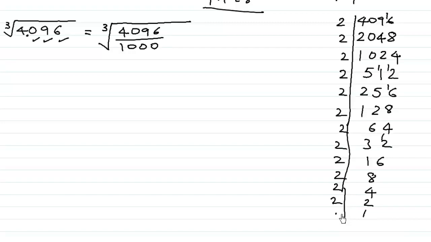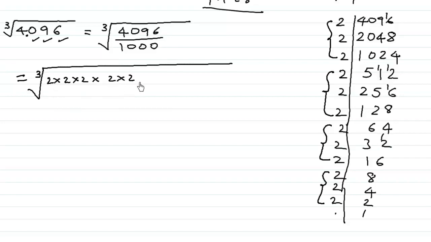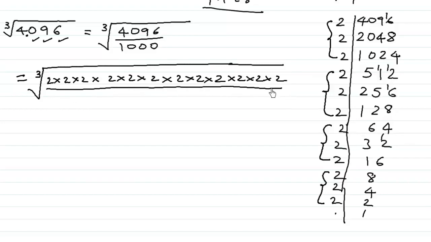So we have so many 2s this time. So we can write this as cube root of, so how many 2s do we have? 1 2 3 4 5 6 7 8 9 10 11 12, and then the whole upon 1000.